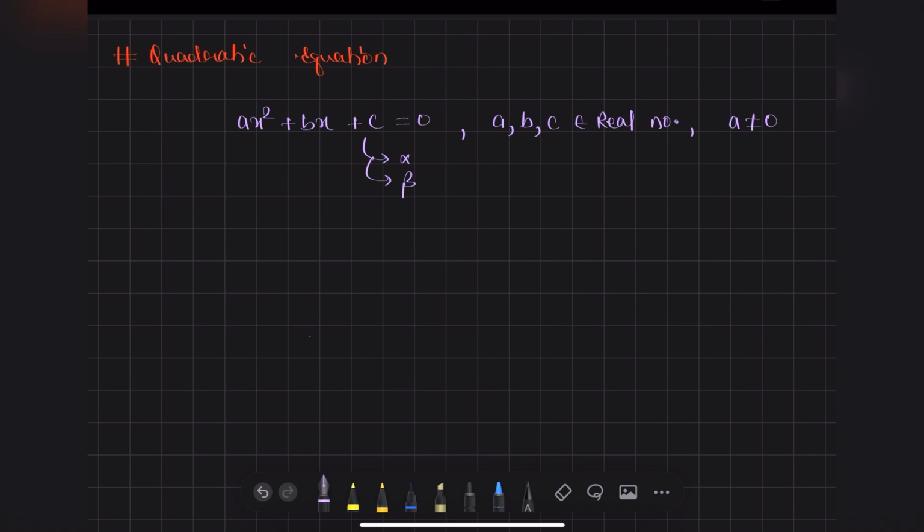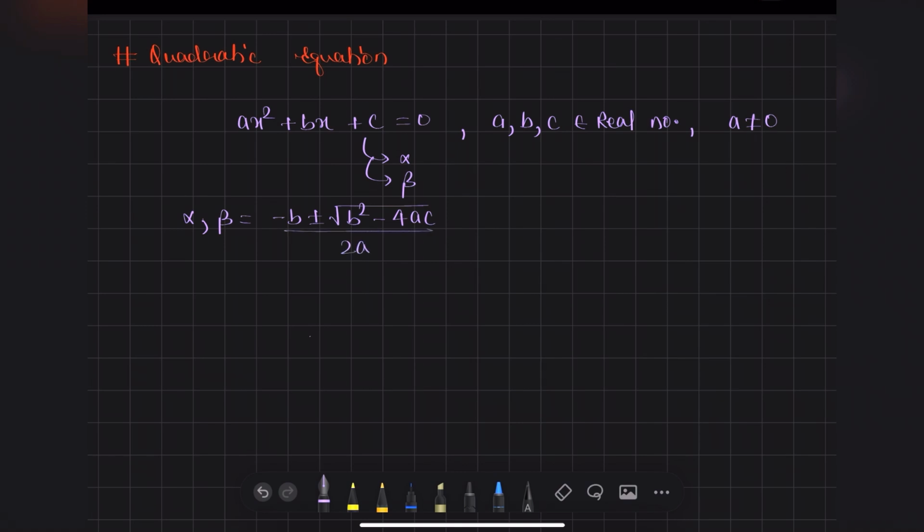To find out alpha and beta we can take help of Sridharacharya rule or quadratic formula. You know these things. So it is minus b plus minus root over b square minus 4ac by 2a.